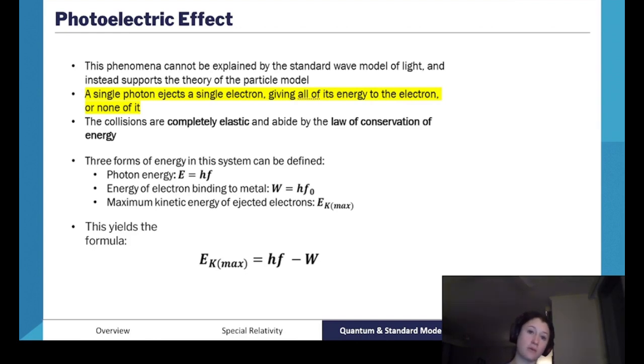Then we have the maximum kinetic energy of the ejected electrons. So our maximum kinetic energy is going to be however much energy the electron was given minus however much it took to just jump out of the metal, and that's what it's going to be left over with.